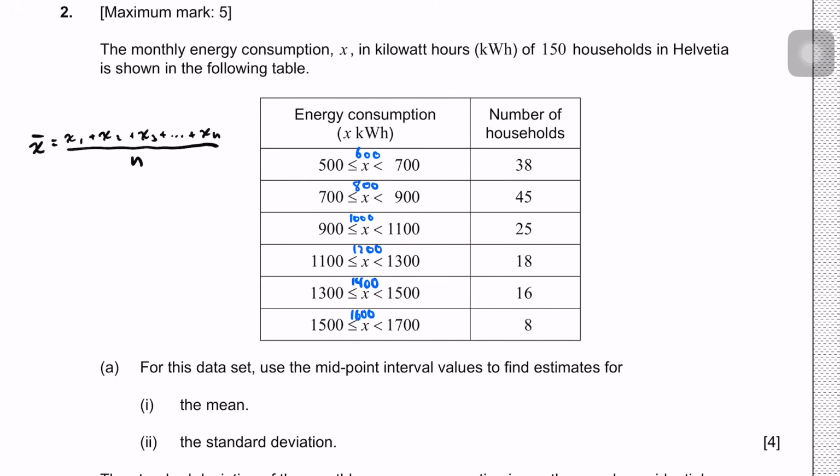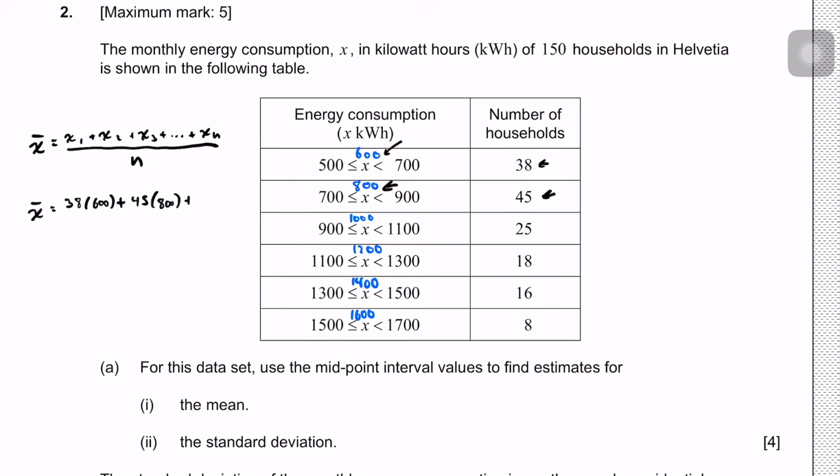So since we have grouped data, we would do something like this. The mean is equal to, okay, there are 38 households, and on average, for each of these 38 households, their consumption is 600 kilowatt hours. So we would say 38 times 600 plus, here we have 45 households, and on average their energy consumption is 800 kilowatt hours.